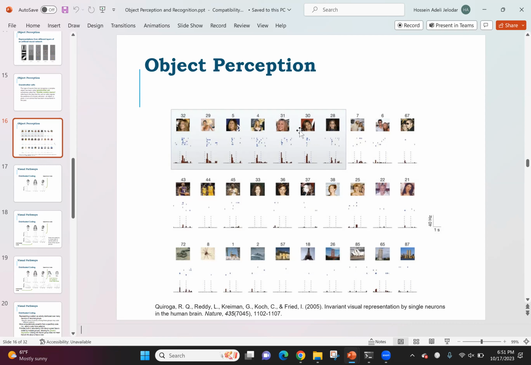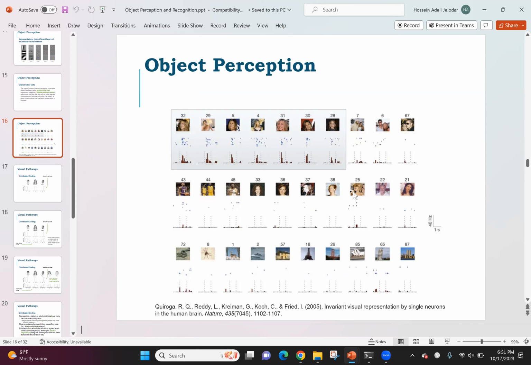This is not the order that they were presented. This is the order that they show here. And what they're showing is that this cell seems to be selective to Jennifer Aniston. It doesn't fire as strongly to other faces or places, and they have things like the Eiffel Tower and the San Francisco bridge and everything. Yeah, but it's not compared to other pictures that look like big stars.